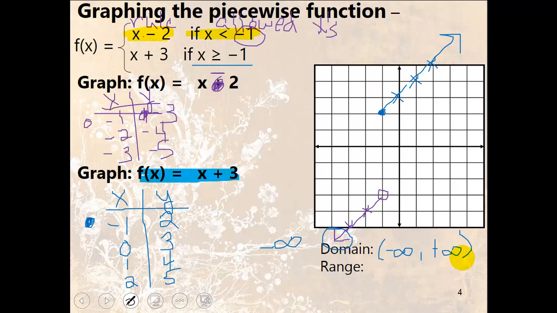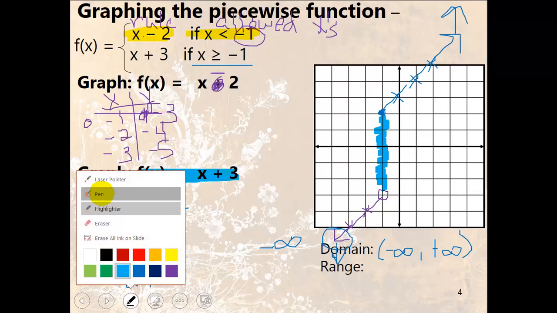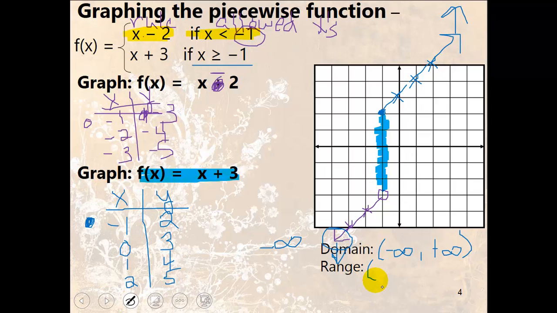Our range, all right, this one keeps going straight down, and this one keeps going straight up, but look at what's happening in here. All these y values are missing. So I say this. It's going from -infinity to -1, not including it. Then it jumps, so I get a union.